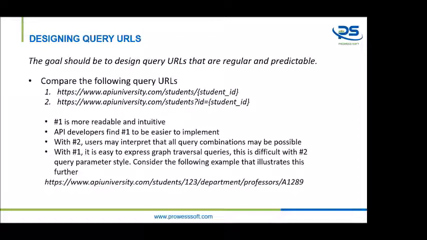And now that I have professors, which is a collection of multiple professor objects, from there I am filtering further on a certain ID. So what I'm really trying to say here is, if you used a query parameter for everything and you don't have a path parameter on a certain ID, then this kind of graph traversal is not possible. You cannot implement something wherein you move from one object representation type to another one. All right.